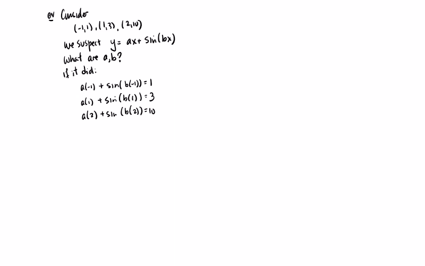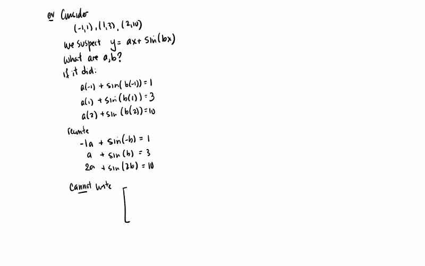And so if you rewrite this, this is negative 1a, this is a, this is 2a. But if you look at these next terms, these are not linear in the sense that I cannot write this as a matrix times, in this case, A, B equals 1, 3, 10.